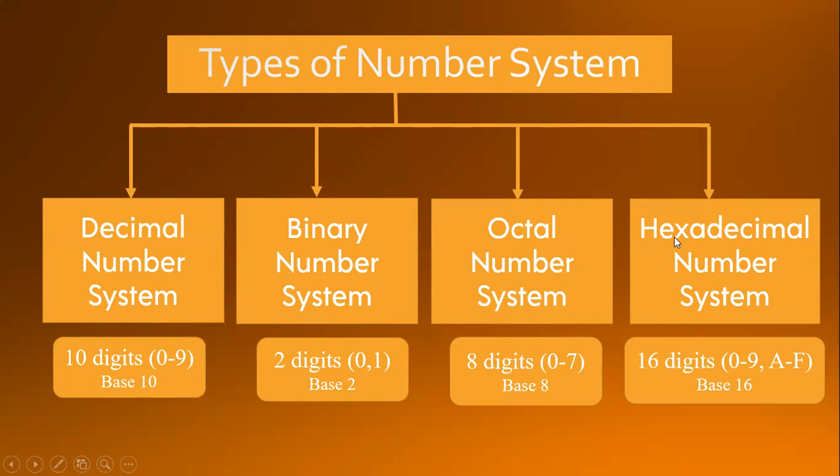The last number system is the hexadecimal number system. Hexadecimal is hexa 6 plus decimal 10, which equals 16.